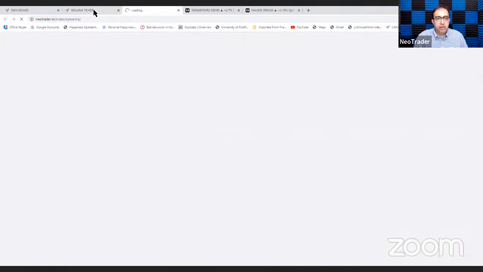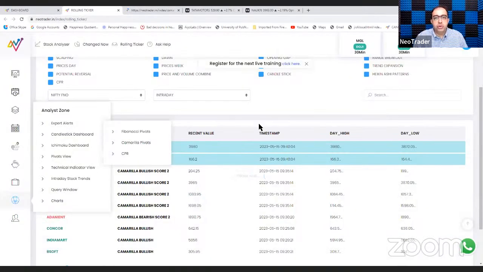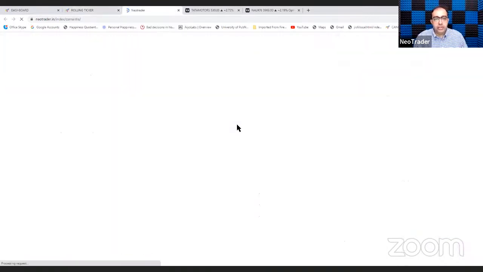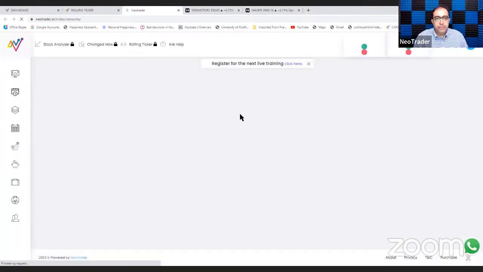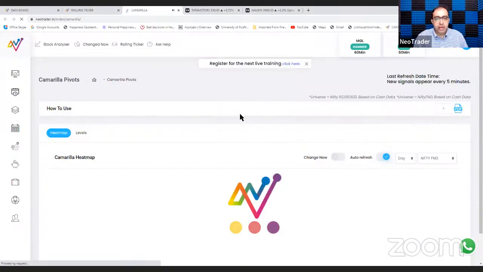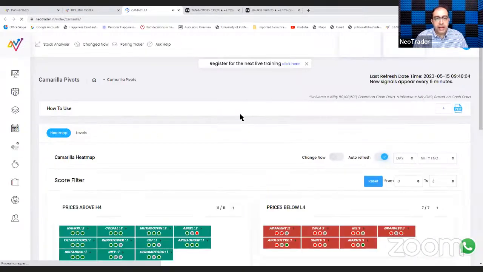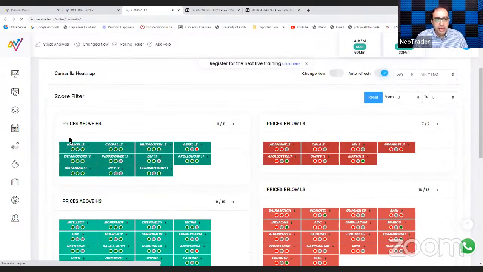So there are two pages from where you can source. So you can see here that in this particular Camarilla page, there are stocks which are available. And here what happens is we are giving you a scoring mechanism. You can see here there is a scoring mechanism which you can use to take a trade.